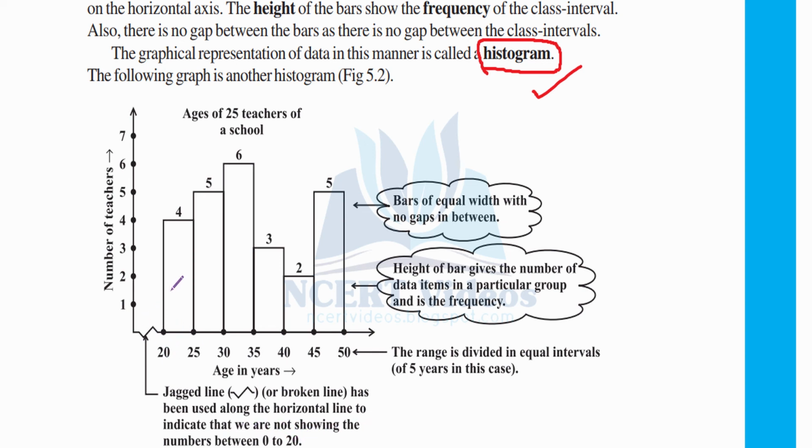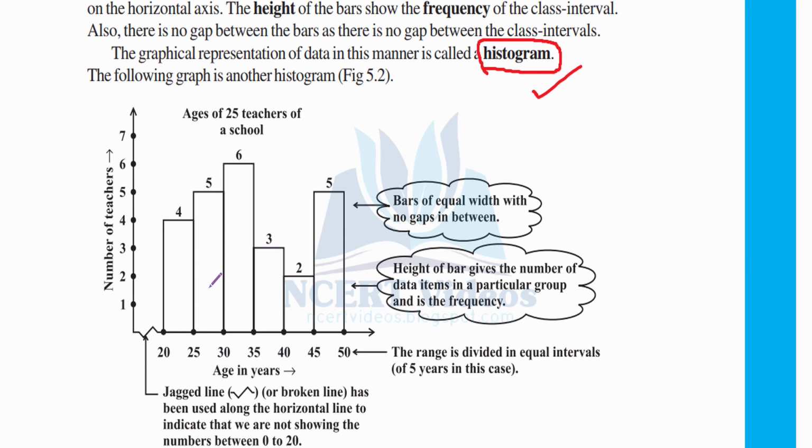That is, our information is such that we do not have any data from 0 to 20. Data starts from 20 to 25, because we are talking about the number of teachers whose age is greater than 20 years in a school, because a teacher cannot have an age less than 20 in this school. Therefore, whenever you observe a broken line, it means we are not starting from the 0 class interval. So that is the difference.